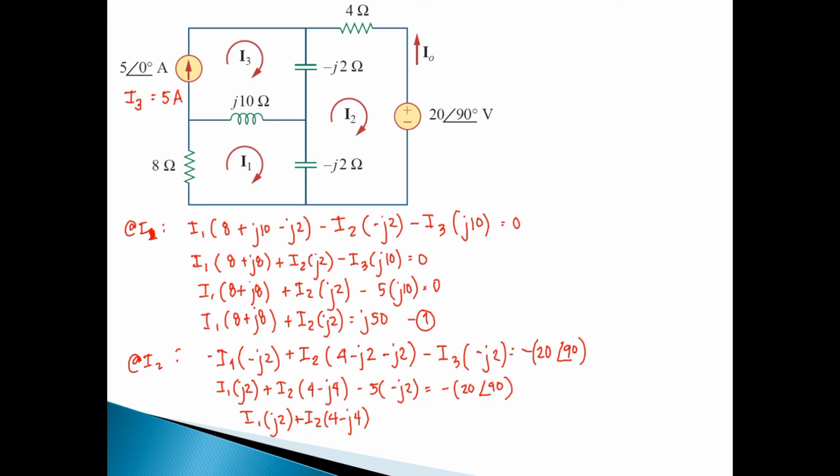Then negative 5 times j2 is positive 10j. Then we will transpose, so this will be negative 10j minus 20 angle 90.